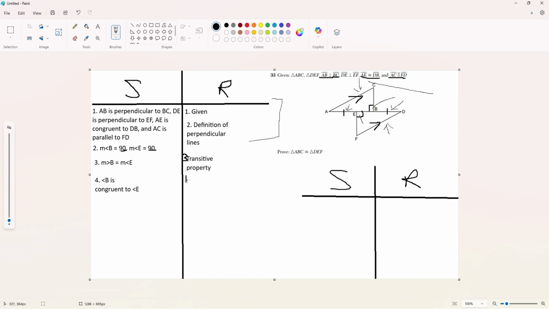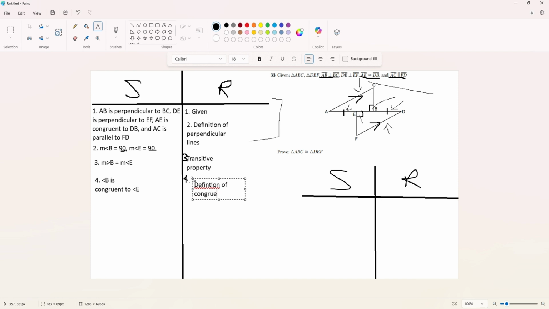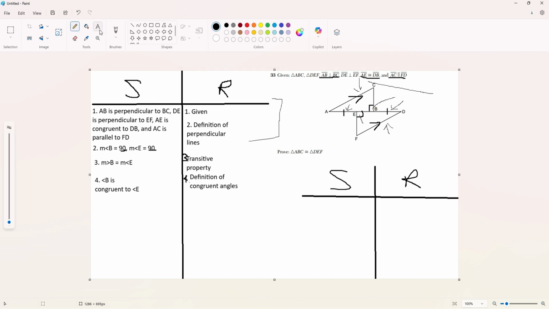Number 4, we can say by the definition of congruent angles. Let's move this over a bit. Alright. Now we have an angle. Now let's try and find a side to prove the congruence.